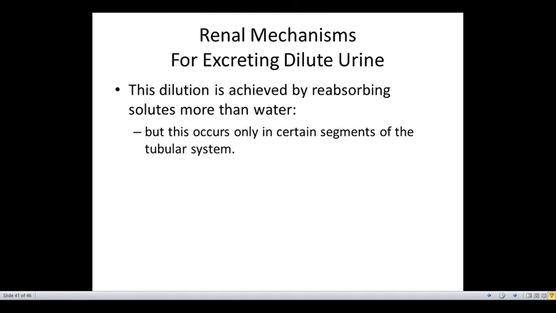This dilution is achieved by reabsorbing more solutes than water. But this occurs only in certain segments of the tubular system.